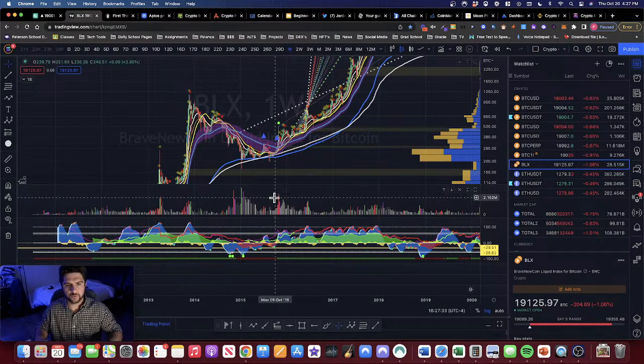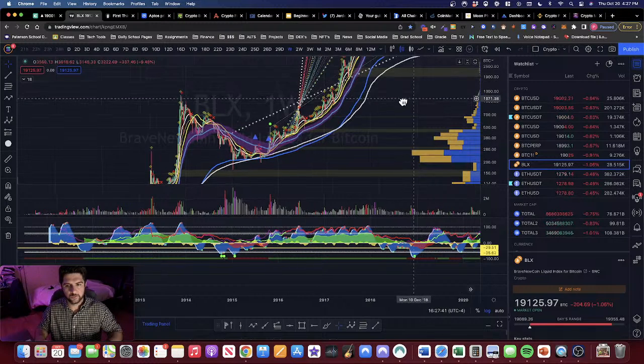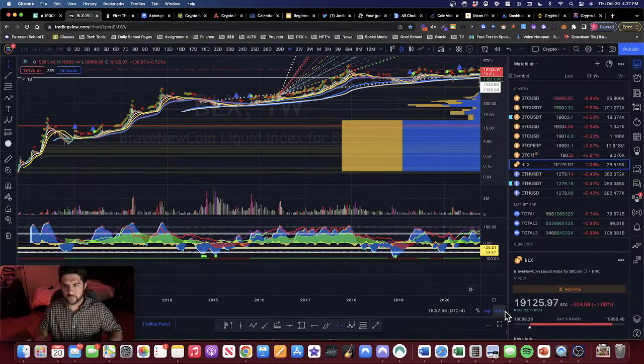What a big short. Push price way up. Interesting. We don't know. But 19,000.